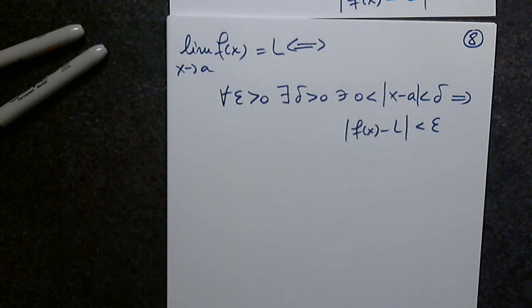Why do I, this is redundant, isn't it? I know that the absolute value is greater than 0. Why do I have 0 less than, to avoid what? Exactly, to avoid x equals a. I cannot pick a. Exactly, that's the reason why.